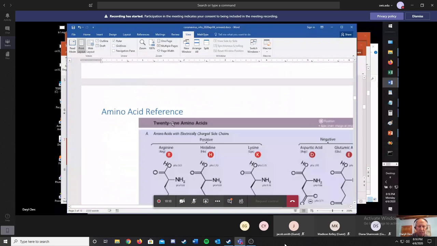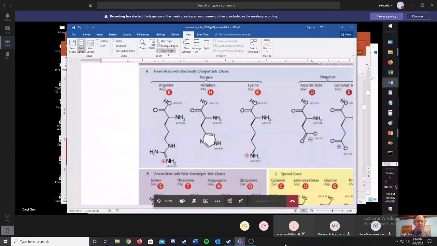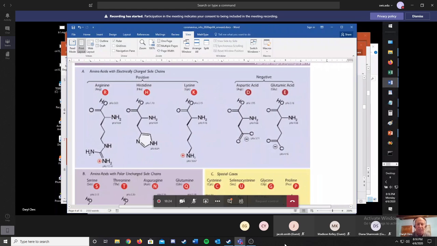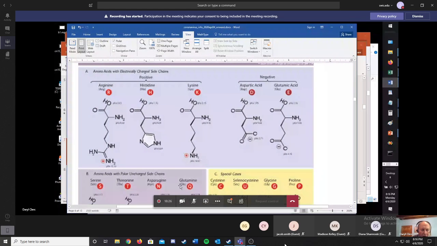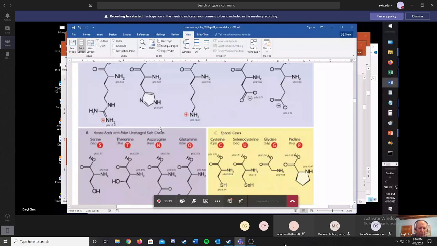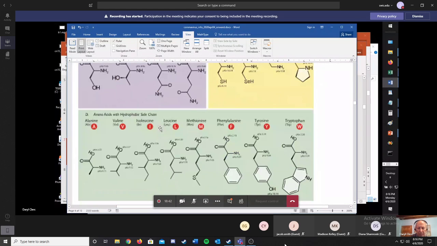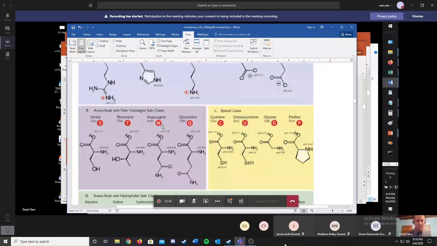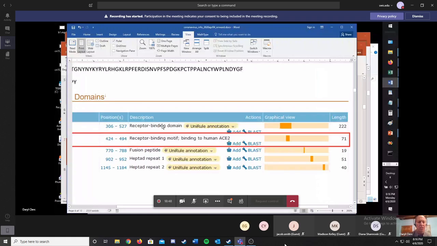This table here shows the definitions of all the letters. Like the letter R is arginine, H is histidine, K is lysine, D is aspartic acid, E is glutamic acid, and so forth. There are 20 or 21 amino acid residues that make up the proteins, including this one.